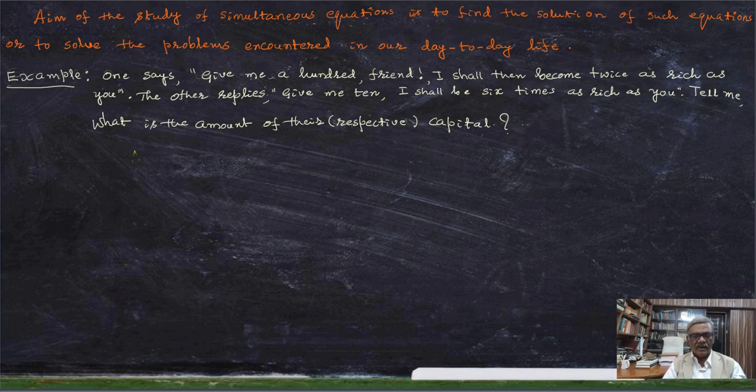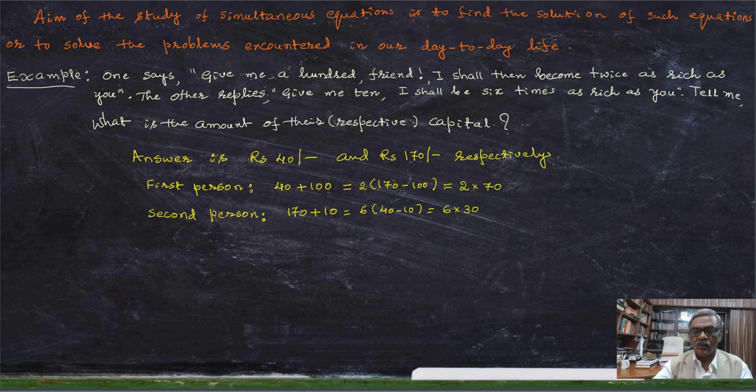This is one of the examples taken from his book Bijaganita, in equations in two unknowns. We will call them variables here.